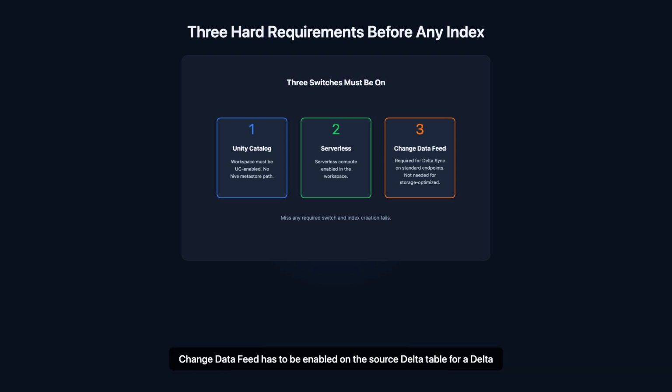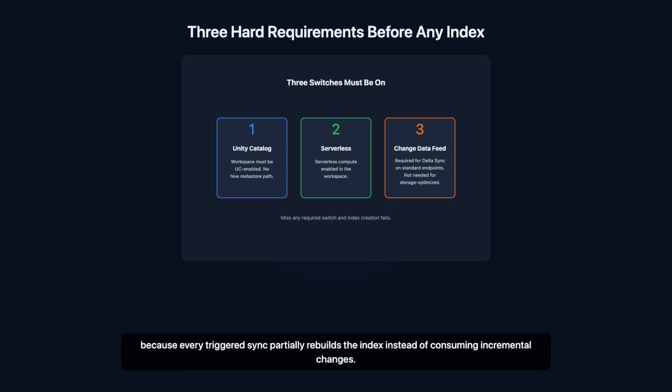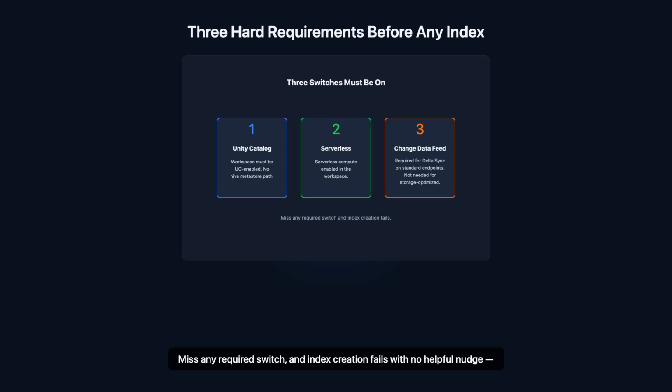Change data feed has to be enabled on the source delta table for a Delta Sync index on a standard endpoint, because that endpoint relies on incremental change tracking to keep the index fresh. On a storage-optimized endpoint, change data feed is not required, because every triggered sync partially rebuilds the index instead of consuming incremental changes. Miss any required switch, and index creation fails with no helpful nudge. You just get an error.